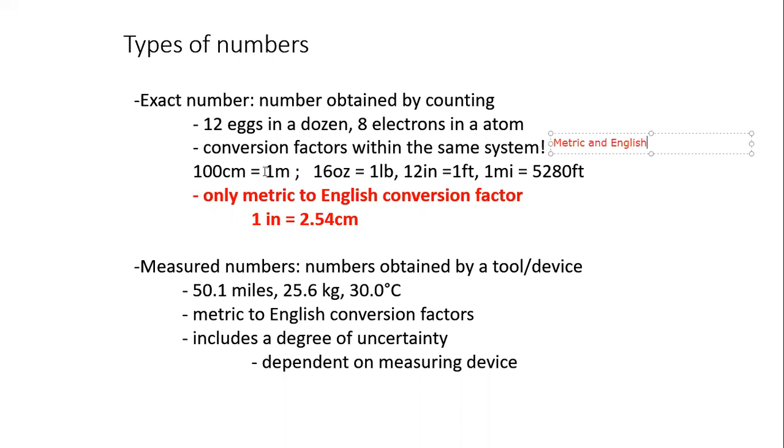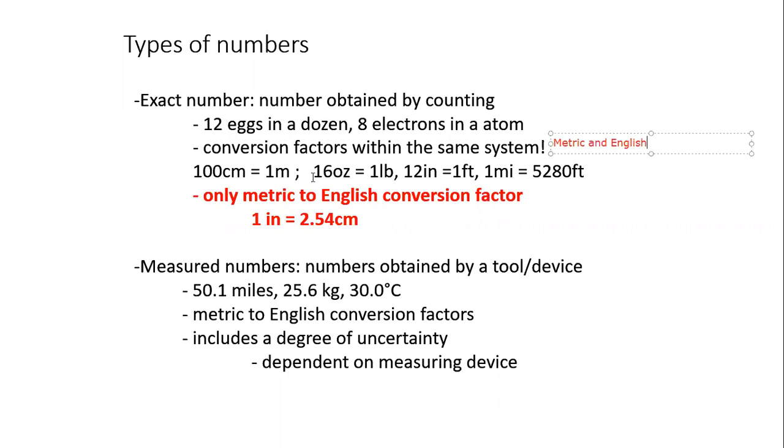For example, if we say there's 100 centimeters in 1 meter, this would be exact because centimeter and meter are both metric. So since they're both metric, it's an exact number. So there are exactly 100 centimeters in 1 meter.